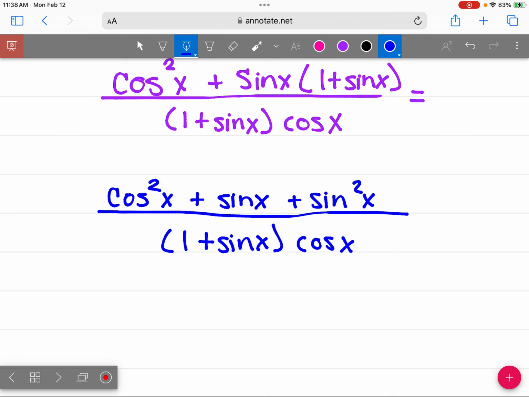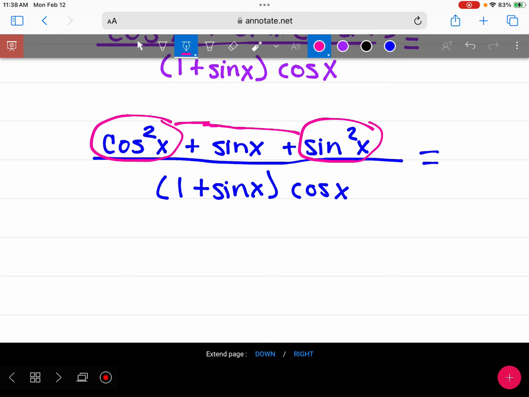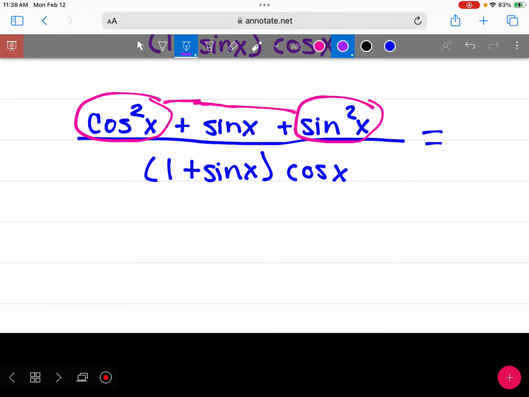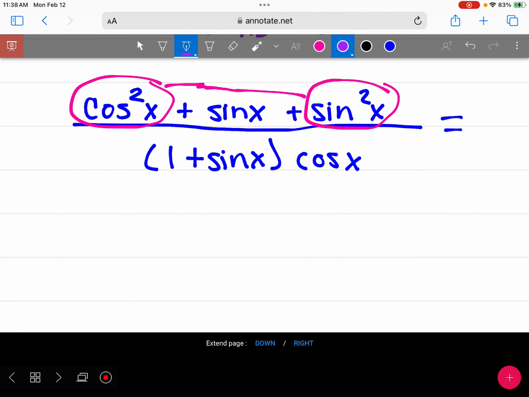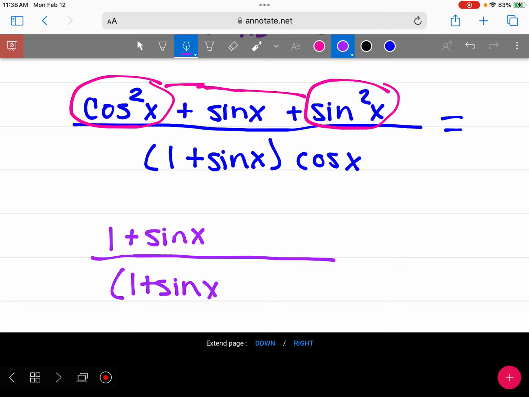And hopefully by now we're starting to spot it. As soon as we see both a sine squared and a cosine squared added together, we should think about that Pythagorean identity, because sine squared plus cosine squared equals 1. So what we have is 1 plus sine of x over 1 plus sine of x times cosine of x.